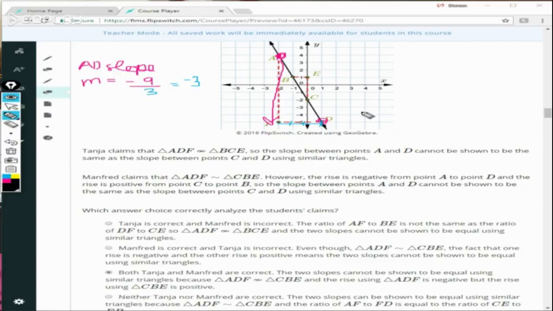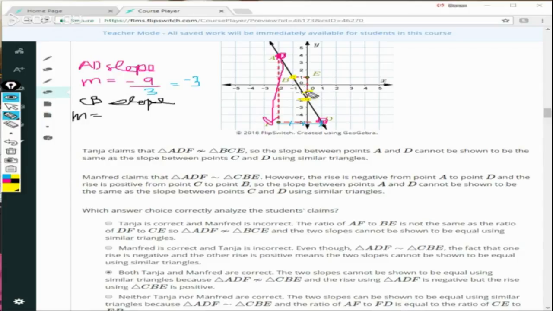Okay, so then let's look at from C to B. CB slope. And I'm writing in an attempted cursive because it's easier than clicking it every time. So their slope, let's look at it. They're saying the rise from C to B is positive. I agree if you're looking at that direction.